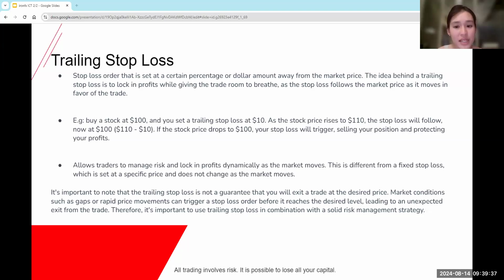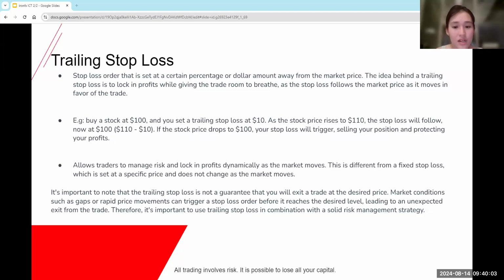The idea behind a trailing stop loss is to lock in profits while giving the trade room to breathe, as the stop loss follows the market price as it moves in favor of the trade. So I have an example there for you to read, but it's basically useful since it allows traders to manage risk and lock in profits dynamically as the market moves.